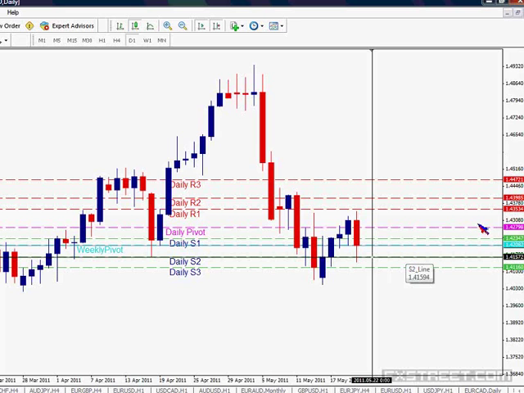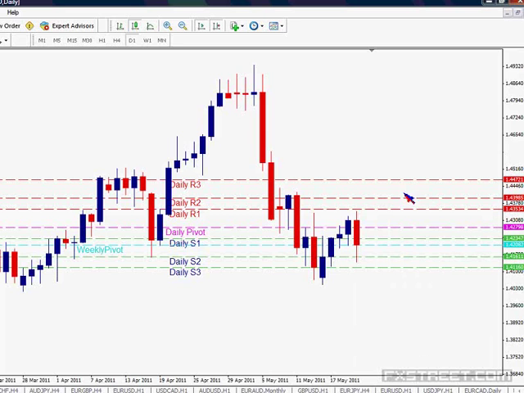In fact, there are several intermediate support or resistance levels that could also be calculated for even shorter trades. The first support will be 2 times the pivot point less the previous day high, while the first resistance will be 2 times the pivot point less the low.